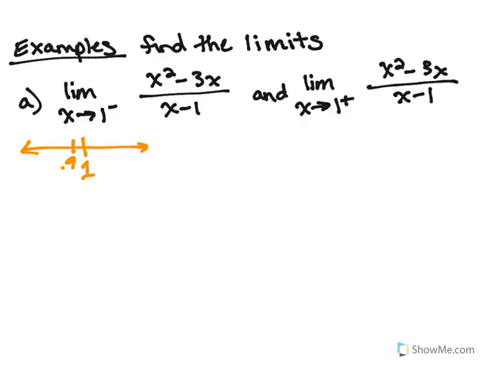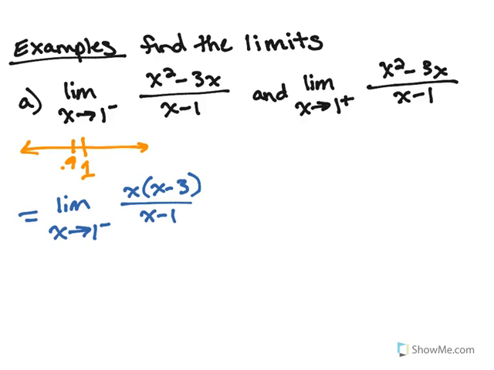You might make a mistake. The method that I use is to put my function in factored form. So in the numerator, I can factor out an x. That leaves me with x minus 3 all over x minus 1.